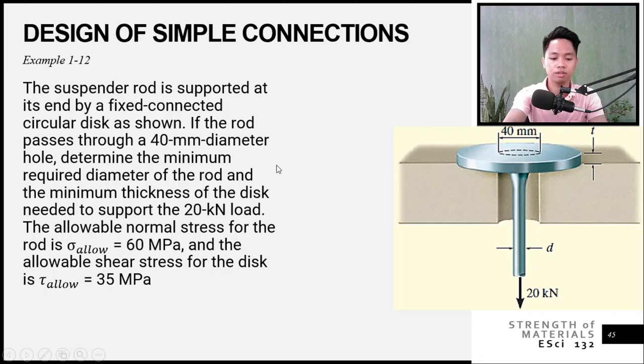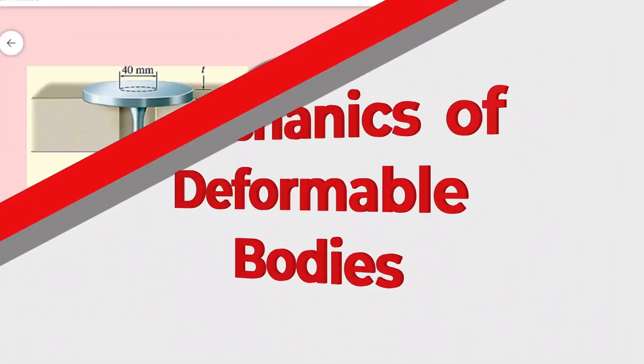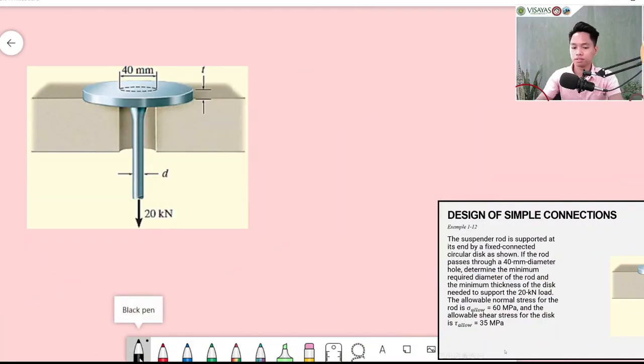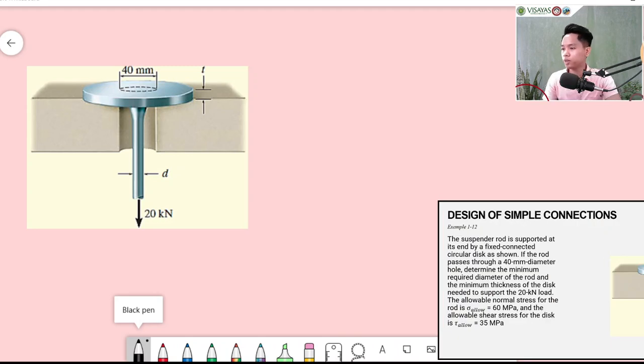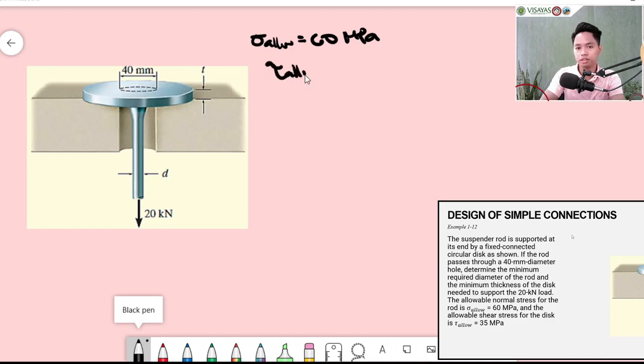Okay, so let's proceed to our solution. So the suspender, we have allowable normal stress is equal to 60 MPa. Then the allowable shear is equal to 35 MPa.